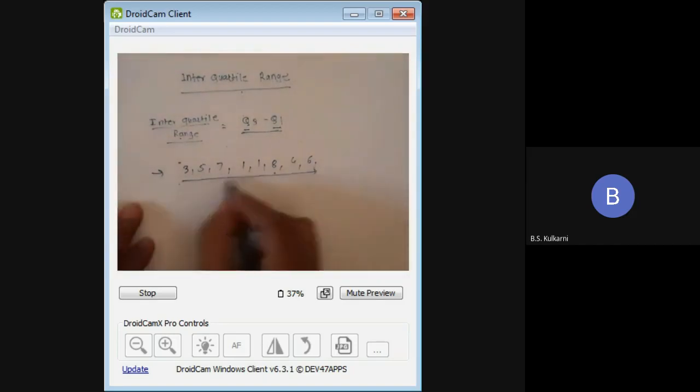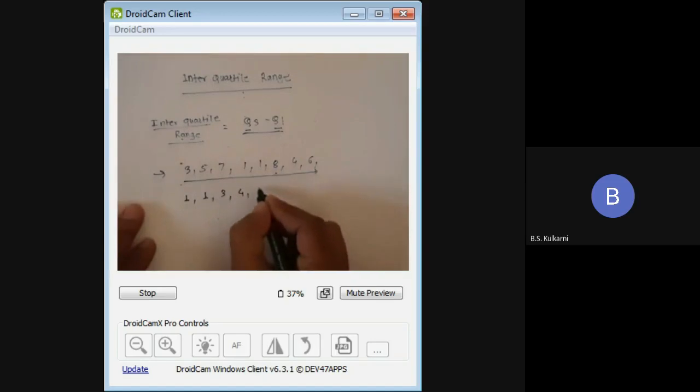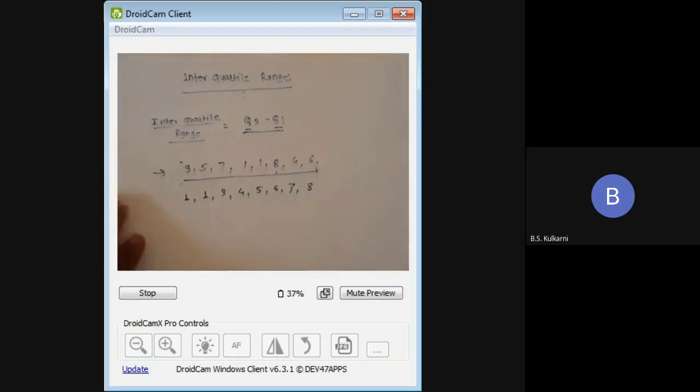What is the lowest value in the given series? 1, 1, then 3, then 4, then 5, then 6, then 7, and then 8.